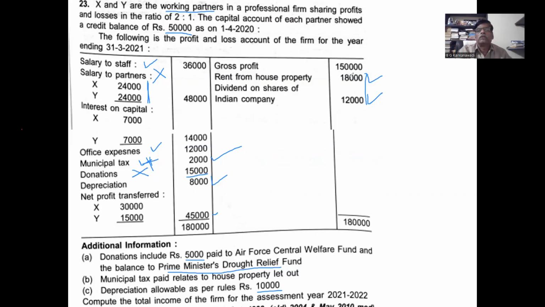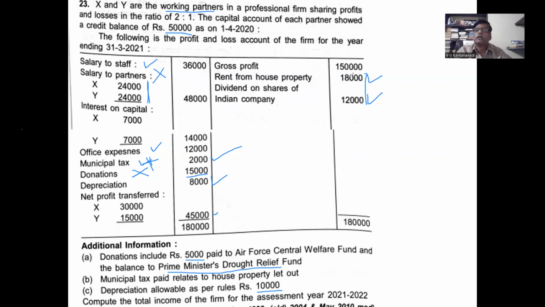In the 16,000, you deduct standard deduction of 30%. 30% of 16,000 is, I think, 4,800. You deduct 4,800, and whatever balance comes is the income from house property.